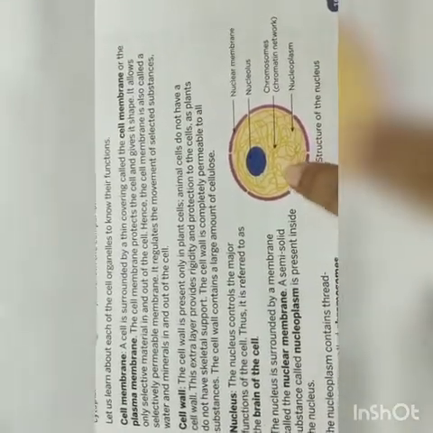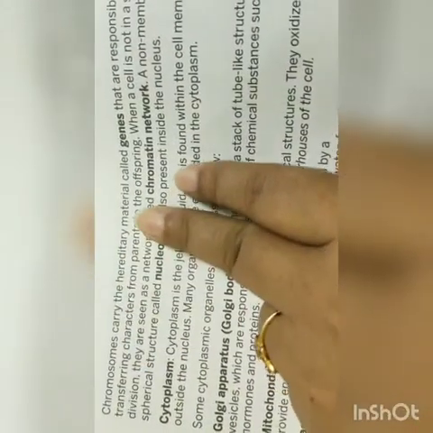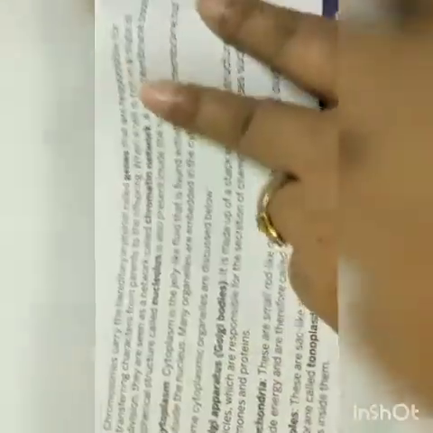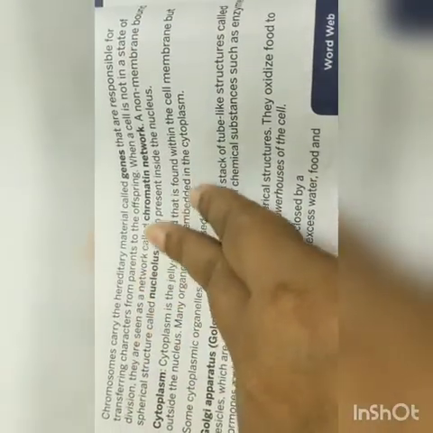These thread-like structures in the nucleus, have you seen them? So that is called what? Chromosomes. Chromosomes carry the hereditary material called genes that are responsible for transferring characters from parents to the offspring.